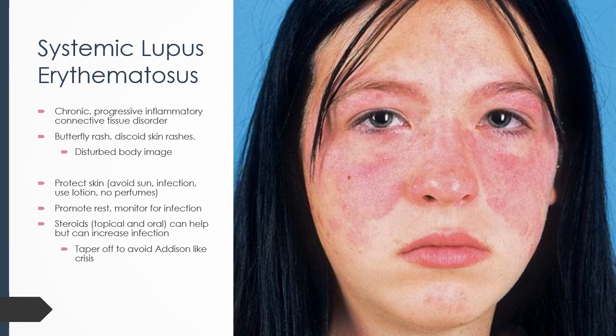Lupus has two types. Discoid lupus, which only affects the skin and has this butterfly rash, and then systemic lupus erythematosus, which has skin, renal, cardiovascular, pulmonary, neurological, GI, musculoskeletal, and systemic manifestations.